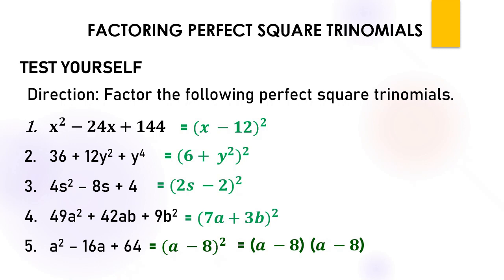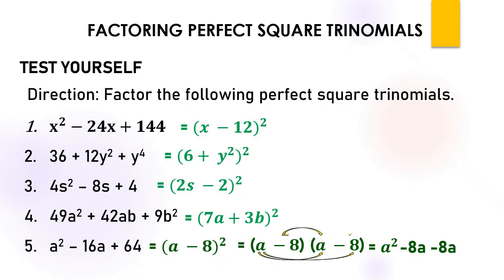To multiply these two binomials, we use the FOIL method. First, let us multiply the first terms. A times a will give us a squared. Then multiply the outers. A times negative 8 will give us minus 8a. Then multiply the inner terms. Minus 8 times a will give us minus 8a.